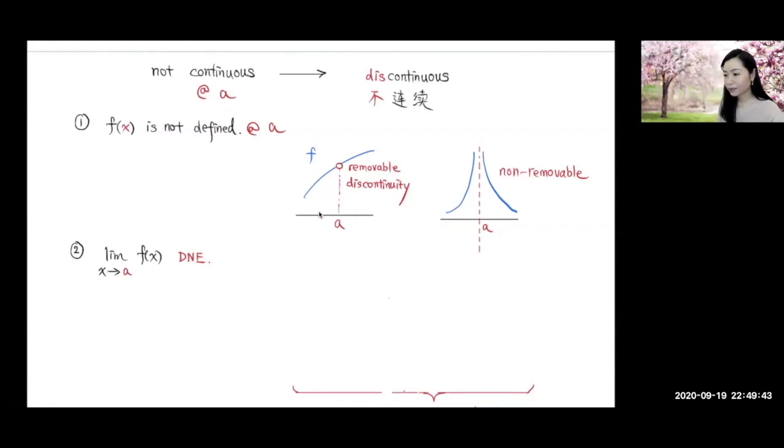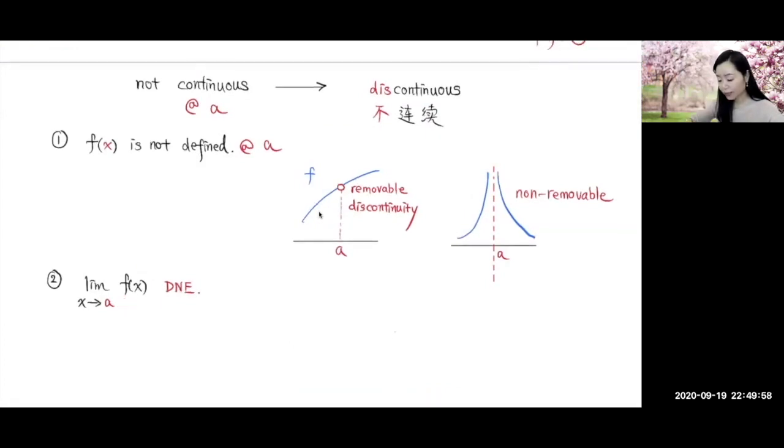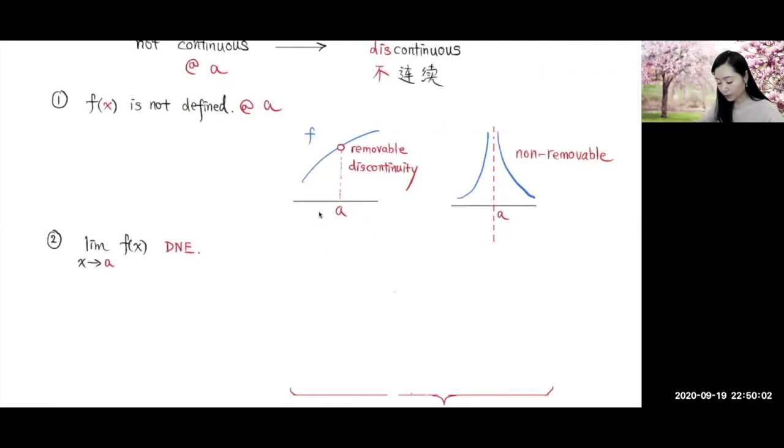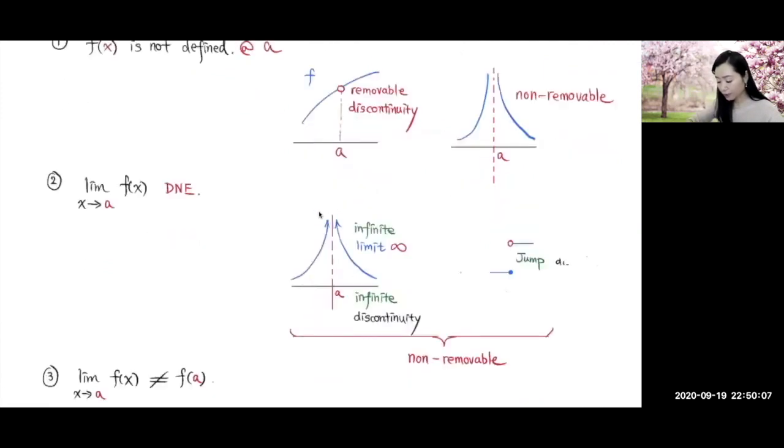Another case where the function is not continuous at a is when the limit does not exist at a. Let me give you one example. In this example, the limit as x approaches a does not exist. The limit as x approaches a is not a real number, so the limit does not exist.